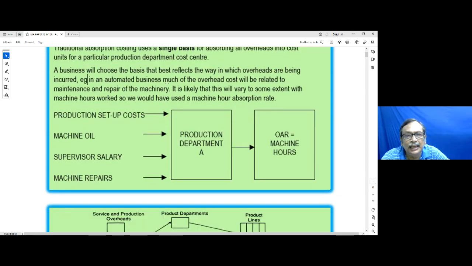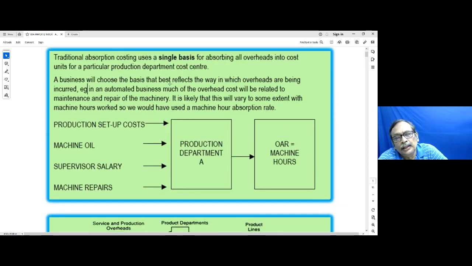Now, as the diagram suggests, there are certain overheads, namely production setup cost, machine oil, supervisor salaries and machine repairs. We consider these overheads pertaining to production department A, and we calculate the overhead absorption rate on the basis of machine hours.